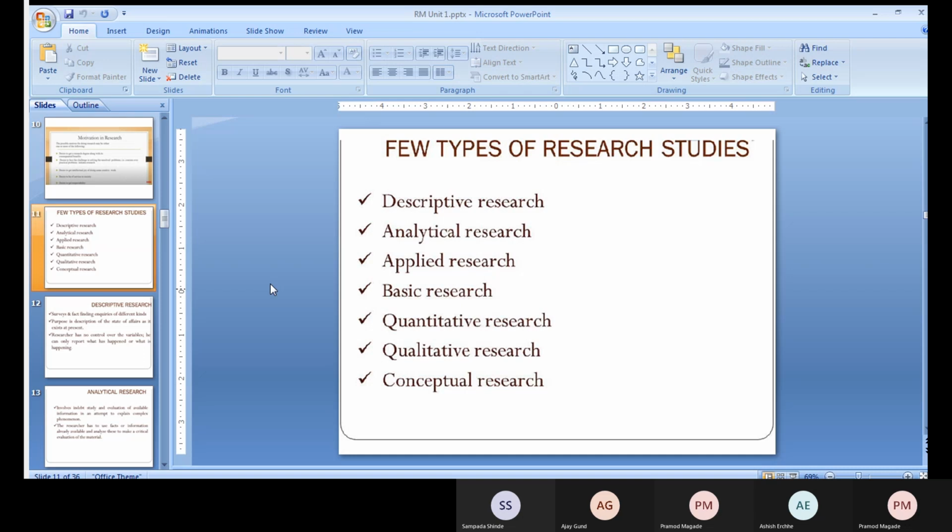While maintaining the quantity, I should maintain the quality also. So in quantitative research, basically the number of nuts and bolts in the batch should really be as per the dimension, as per the design. That is very important.